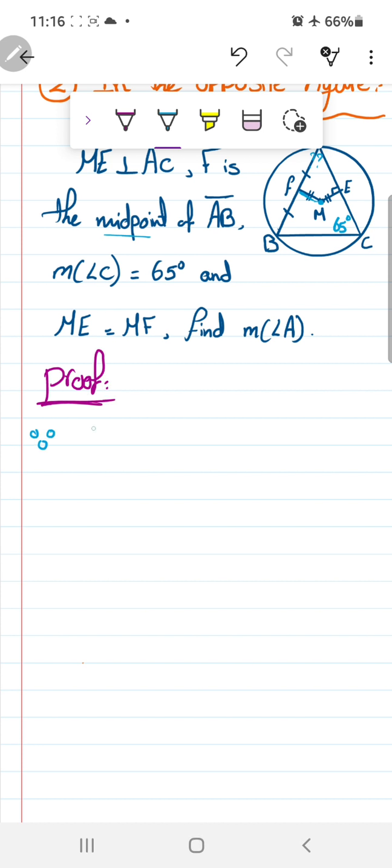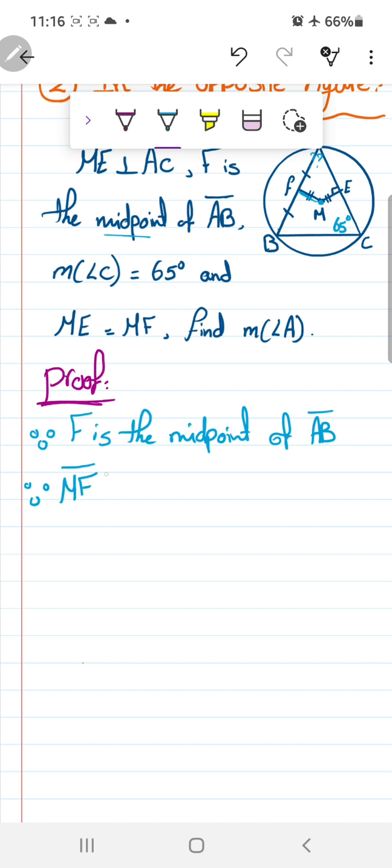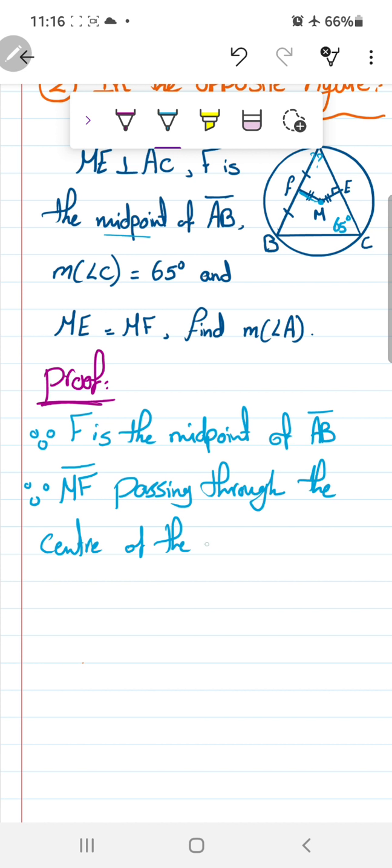First, since F is the midpoint of AB, and also since MF passing through the center of the circle M, it means MF is perpendicular to AB.